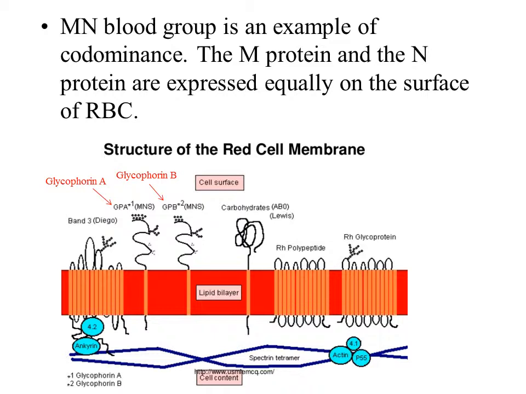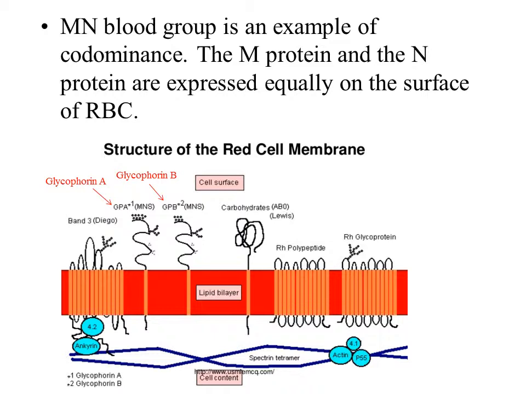You probably heard of the ABO blood typing system. You might have heard of Rh positive versus Rh negative. Now I'm going to introduce you to a third way of characterizing blood. It's called the MN blood group. The MN blood group is an example of codominance.